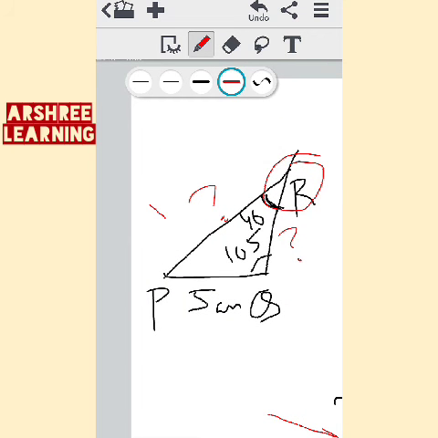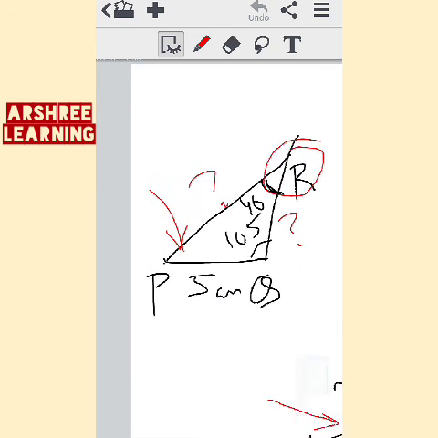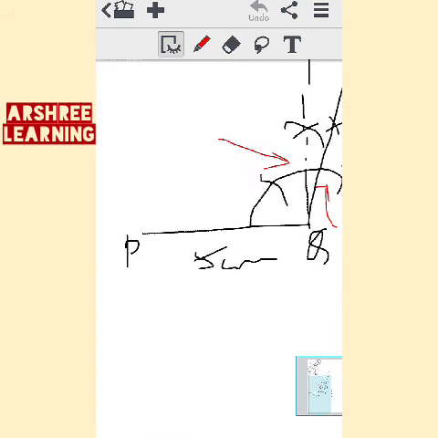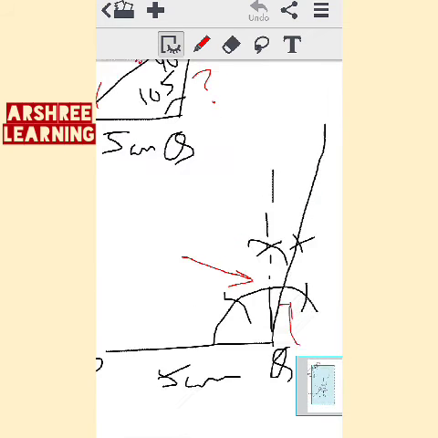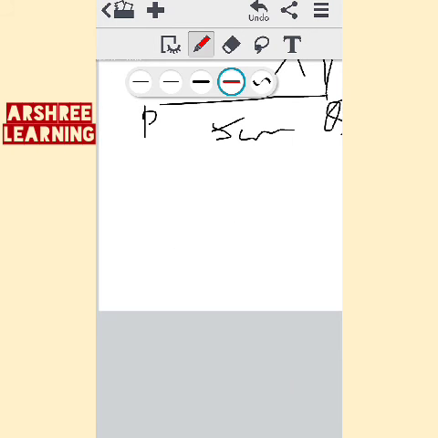So what we will do, we will try to find the angle P. This angle you will find by using the triangle property, sum of three angles of triangle. Now since the sum of three angles of triangle is equal to 180, you will add the angles and write angle P plus Q plus R is equal to 180.